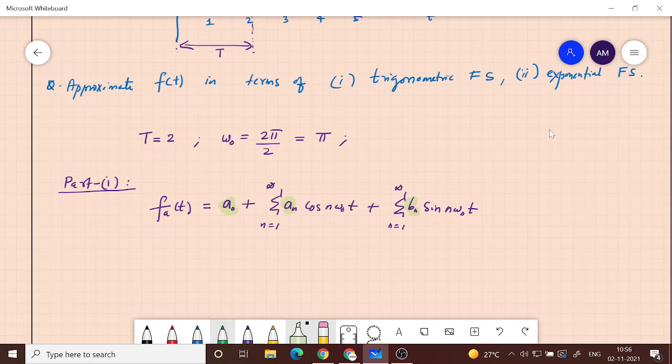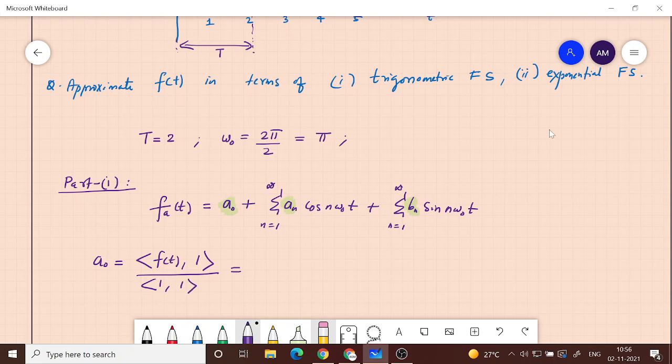So a naught. The formula is, either you can use this one, but we have already done that and derived what we will get out of it. It is the inner product of f of t and 1 divided by the inner product of 1 and 1.